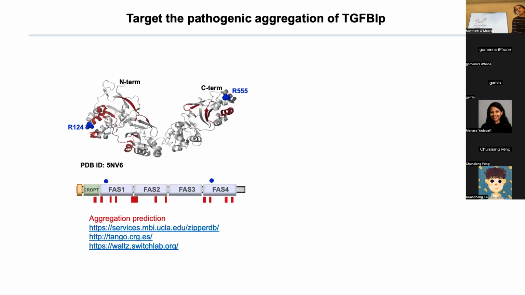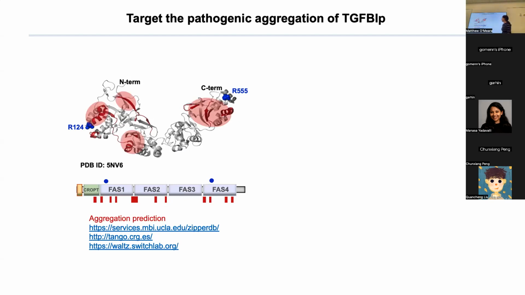All right, so coming back to TGFBI, there are aggregation predictors. Below is a map, and in red are the segments within TGFBI, situated all around the structure, the regions which all predictors agree in consensus can drive the aggregation or amyloid fibril formation of this protein.